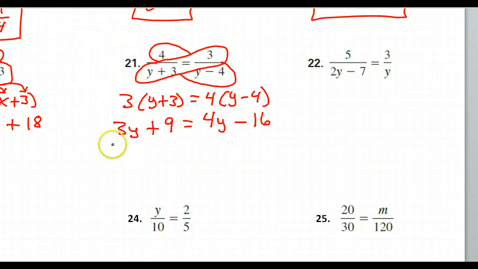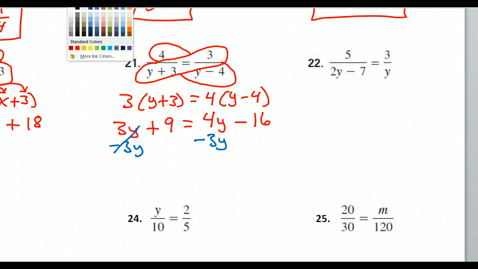So I choose to subtract 3y from both sides. Anytime you have a variable on both sides, you should move one over to get those together by subtracting or doing the opposite. So these cancel out, of course.